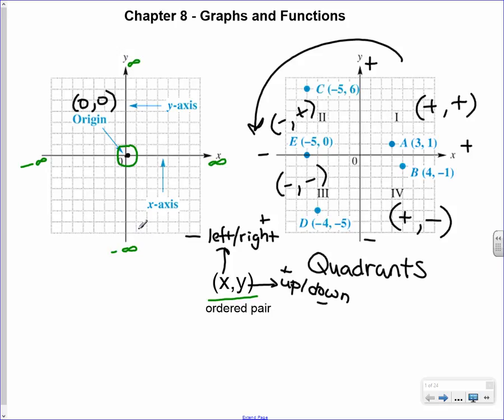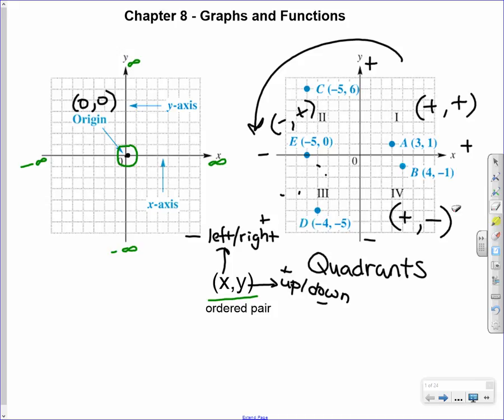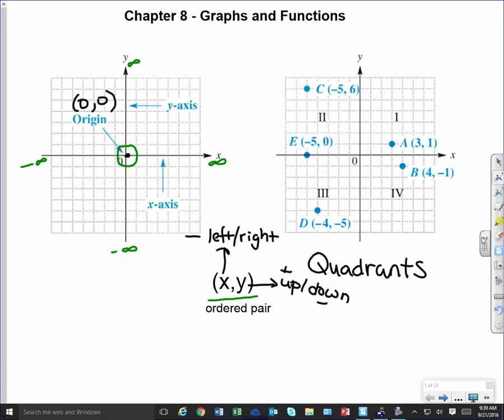Over here, just plotting some points. Let me erase some of this real quick to make it a little easier for us to read. Here we plotted just a few different points. Let's look at point A. Point A has a point of 3, 1.